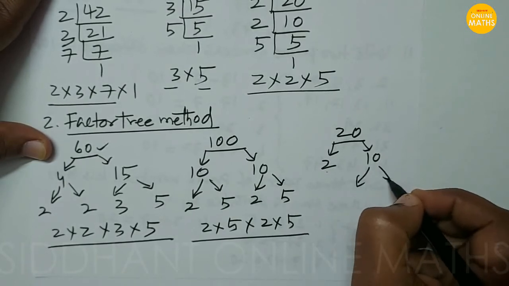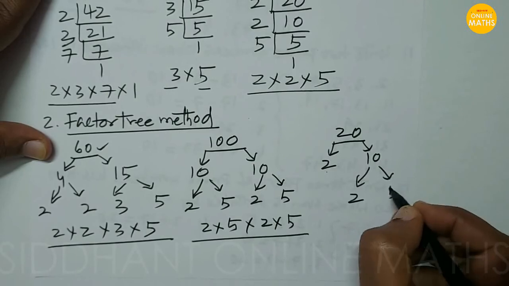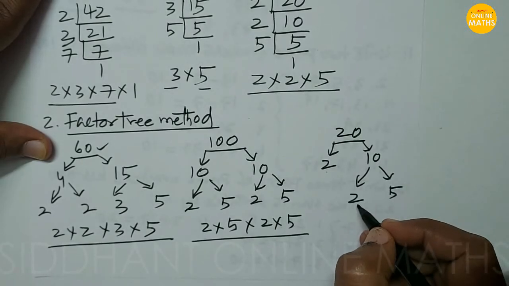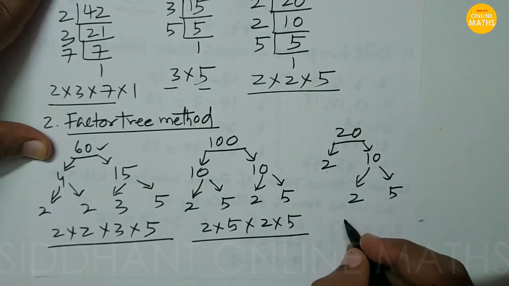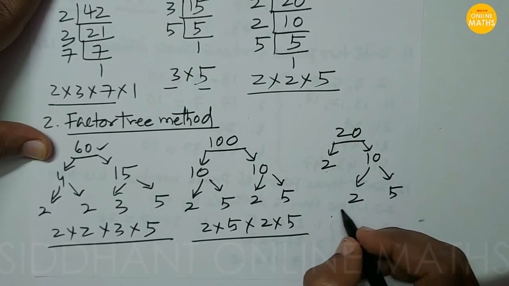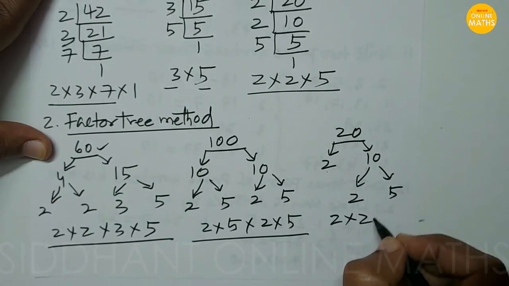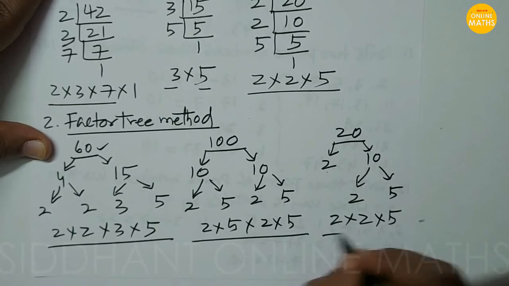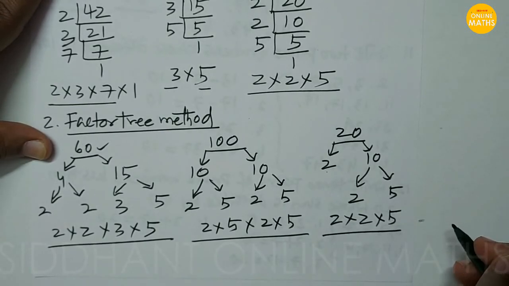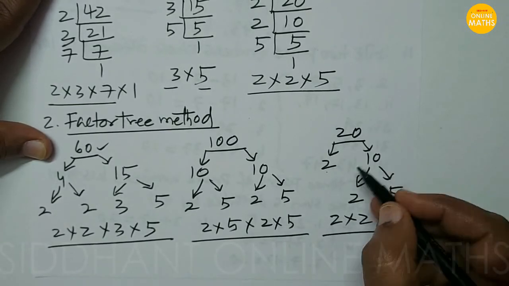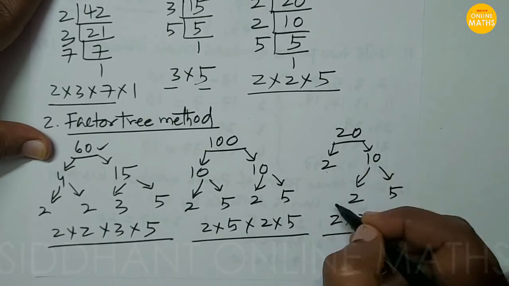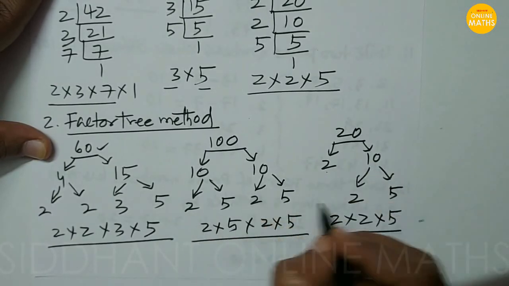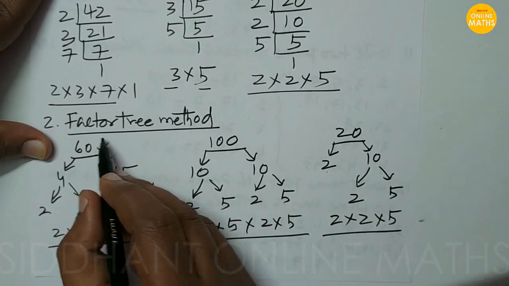This 10 can be written as 2 into 5, and we got that this is a prime number and this is a prime number. Now we can write the prime factorization of 20 as 2 into 2 into 5. So in this way we do the factorization. It looks like a tree while finding the factors, so this method is called the factor tree method.